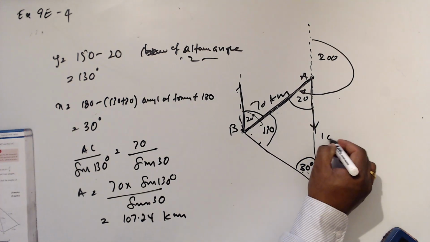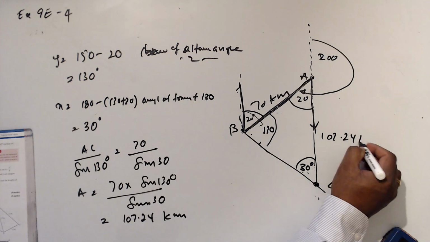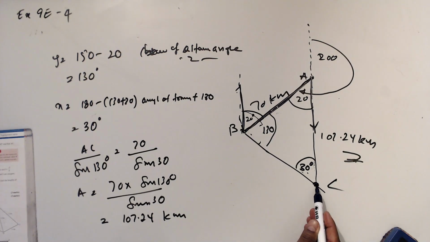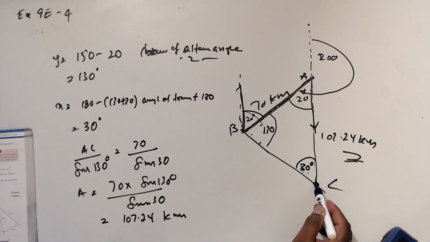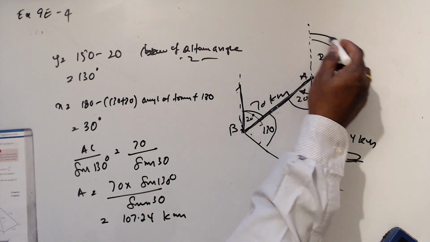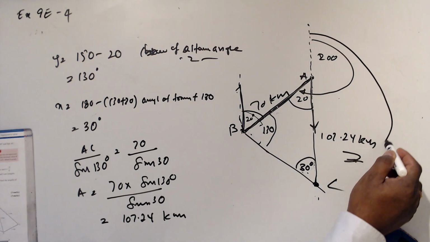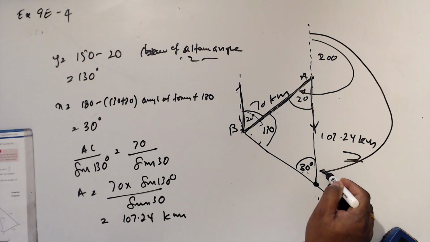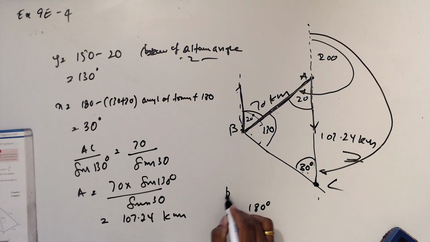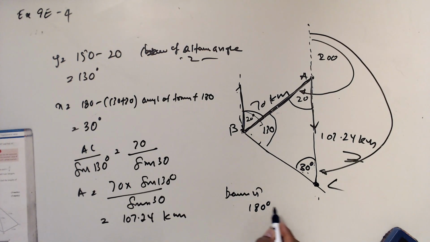So this is 107.24 kilometers. And the bearing of C from A. You measure where C is. So it is here. The angle is 180. The bearing is 180 from A.